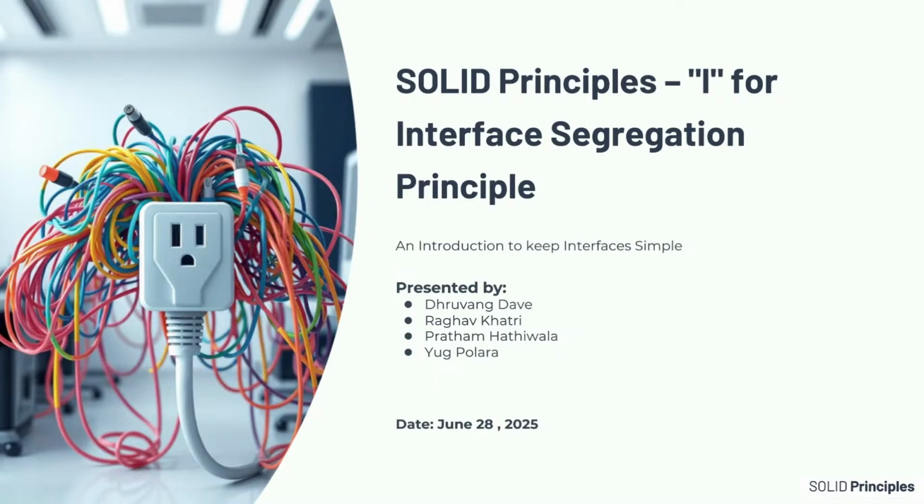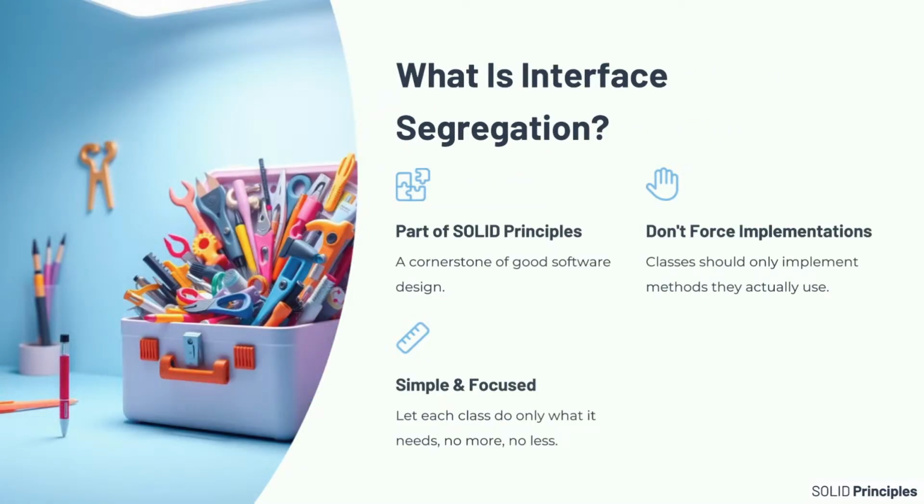Moving on to the next slide. So you may ask, what exactly is interface segregation? In simple words, the principle says don't force a class to implement methods it doesn't need. Let me take an example to explain this. Imagine giving a heavy toolbox to someone, full of tools they will never use.